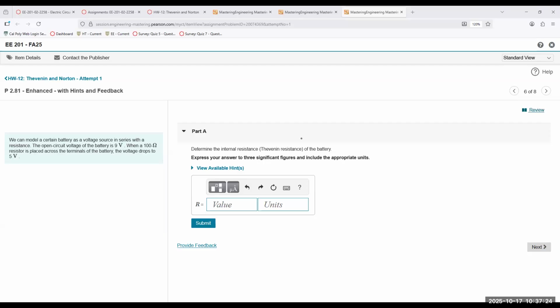And so in the late 1800s, around 1880s, 1890, he postulated a theory stating that if you have a large circuit comprising a large number of sources and a large number of linear resistors and linear components, then it was possible to represent the entire circuit from the perspective of two terminals. You could represent the entire circuit as one single voltage source in series with resistance.